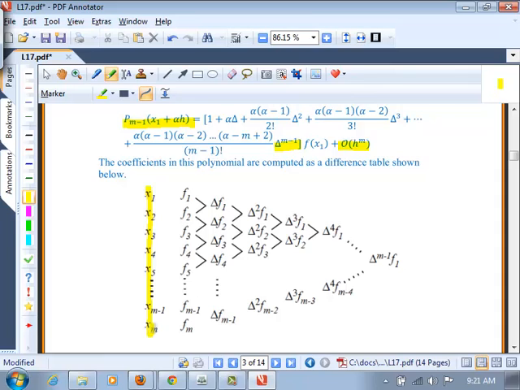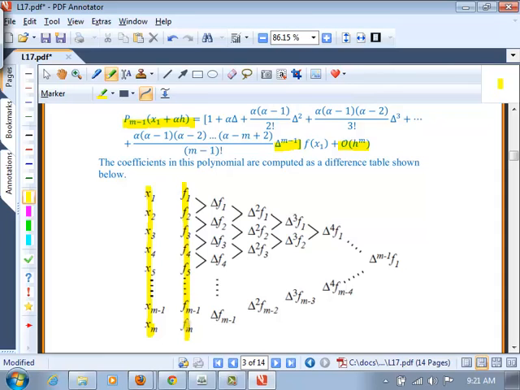This is where you can use diff in Matlab to help you construct the difference table. It will take the order of the difference as an input parameter and the table of data. It doesn't care about x because it assumes data are equally spaced. So you give it F and the degree of the difference, which identifies which column you want to calculate, and it will do the calculations for you and return that.